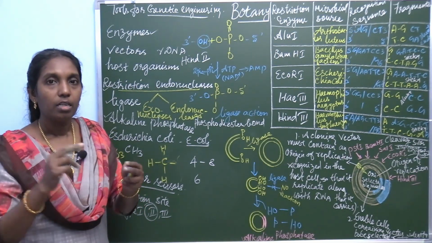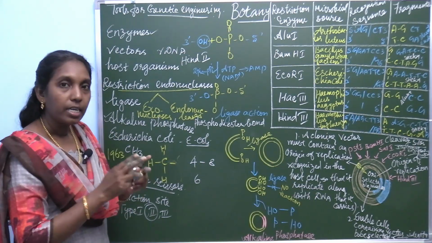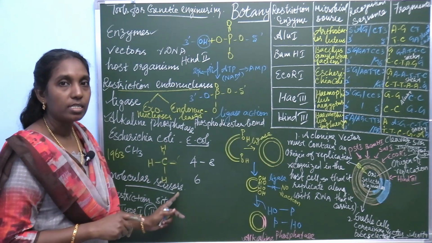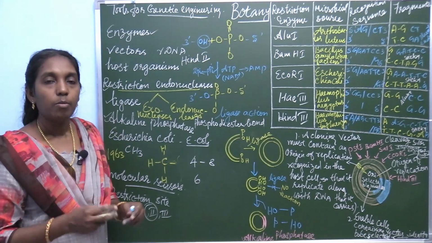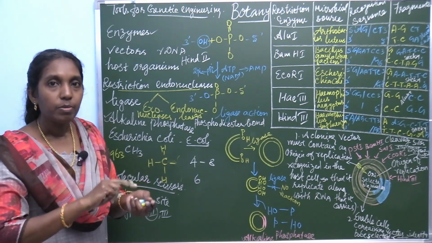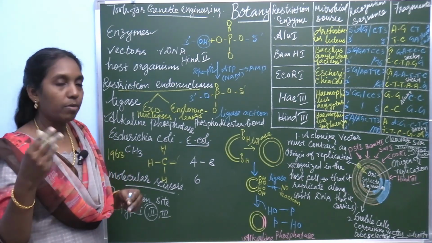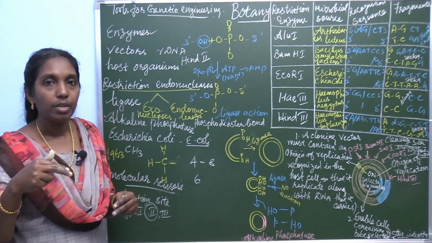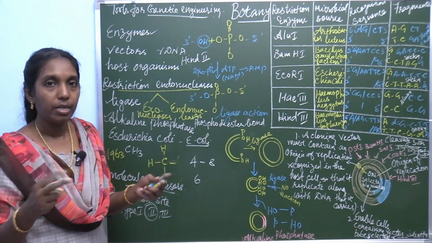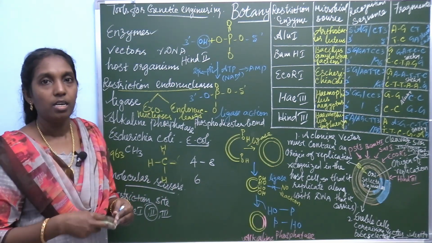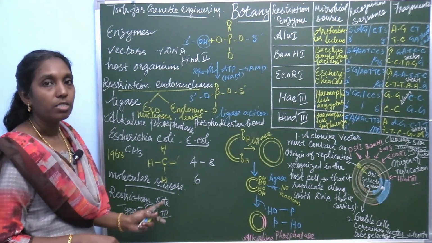For making a cut, molecular scissors are used, that is restriction endonucleases. By the use of this enzyme, the plasmid as well as the fragments of the desirable gene selected from the isolated organism can be cut open. So both the plasmid and the foreign DNA sequences are cut open, and the foreign DNA is inserted inside the vector by means of restriction endonucleases.